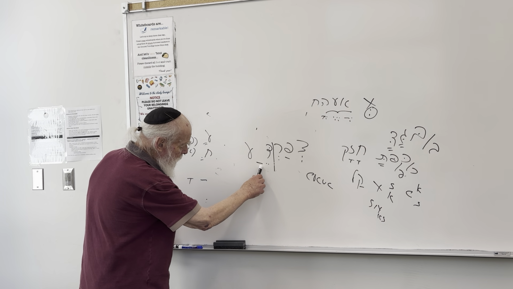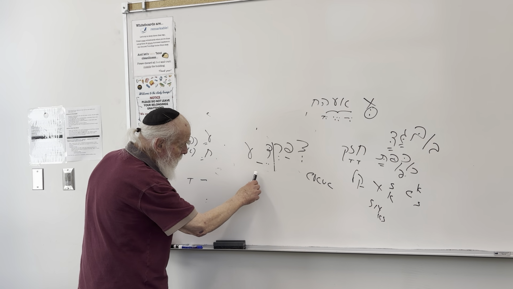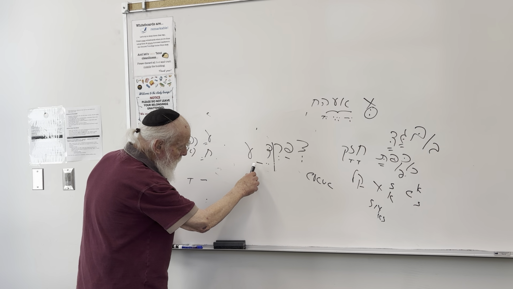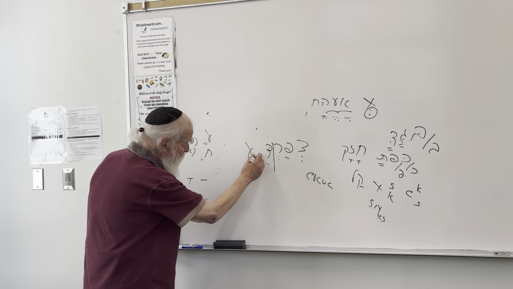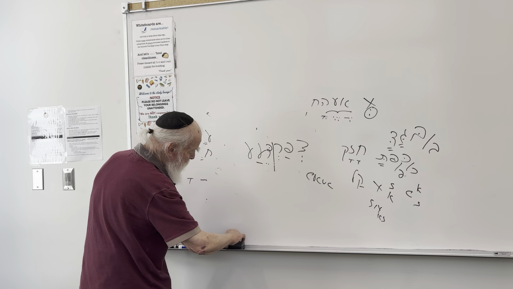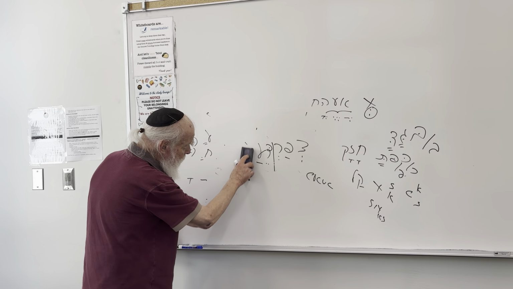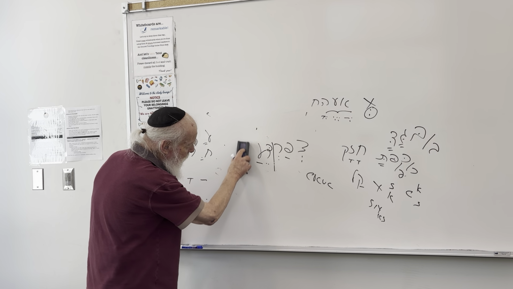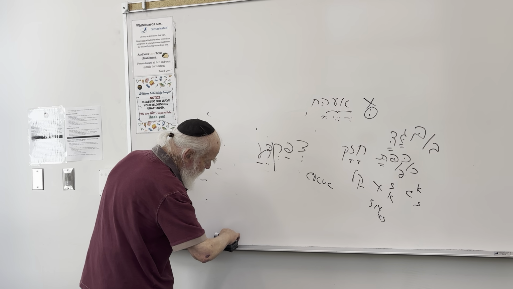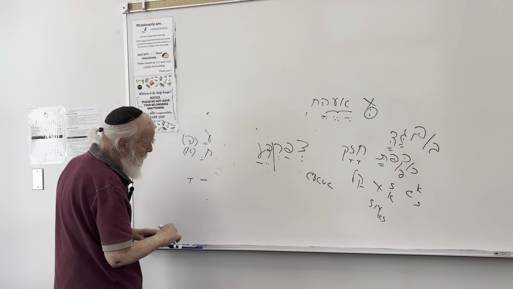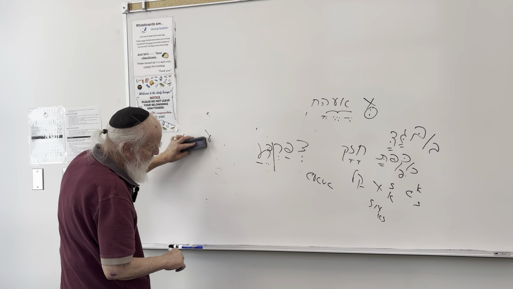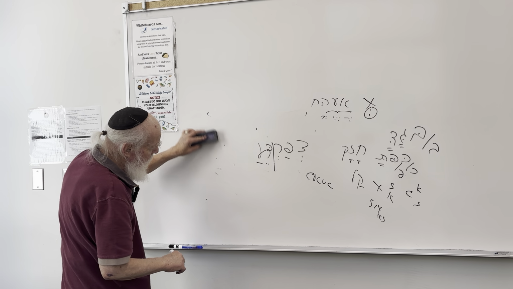The word is tzfardea, not the way you see it spelled. The way you see it spelled, you would think you pronounce it tzfardea. The ah is sounded before the last letter, not after it. The ah is not a real vowel, it's a glide.